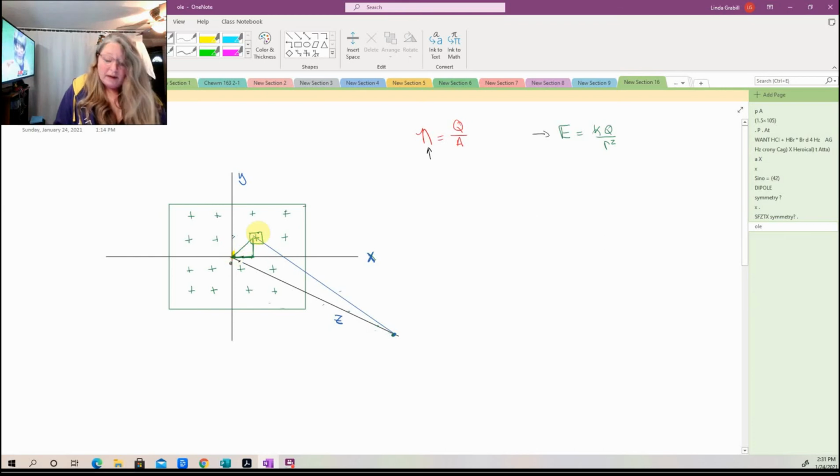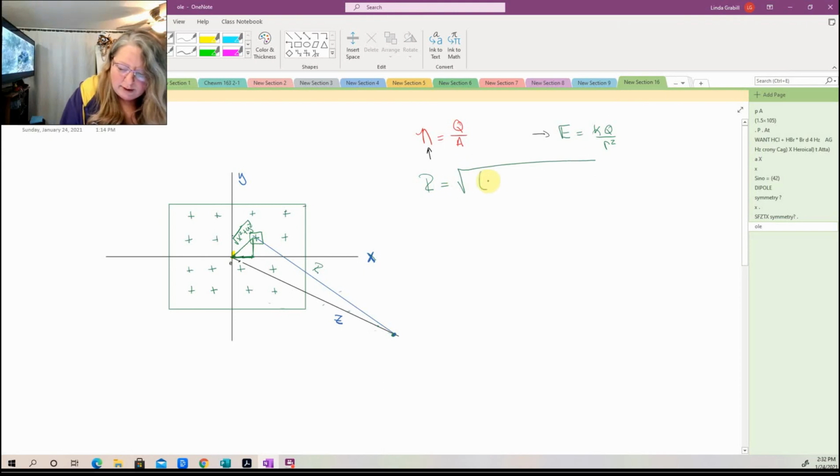So using Pythagorean, I can define that distance to get that piece of the right triangle, and that would be the square root of x squared plus y squared. And this big thing R then, well, it's still just Pythagorean, so the square root of my components squared.